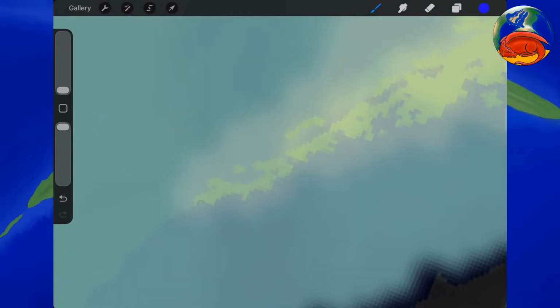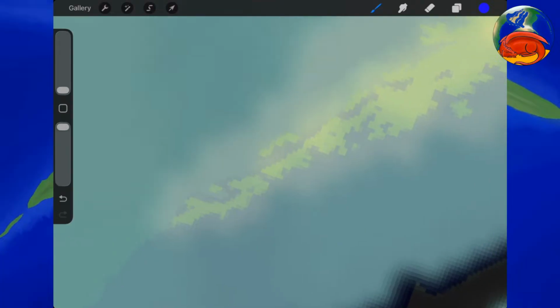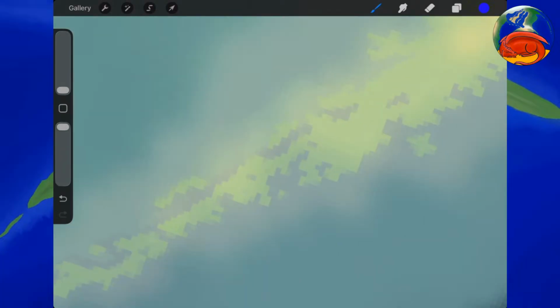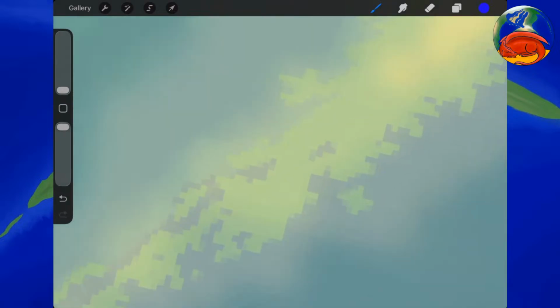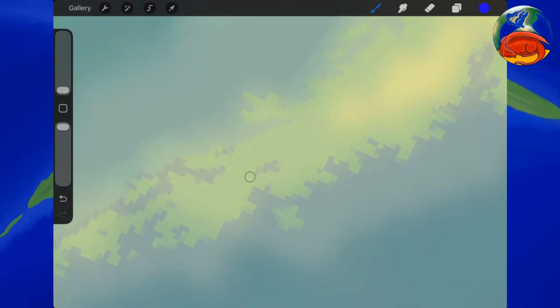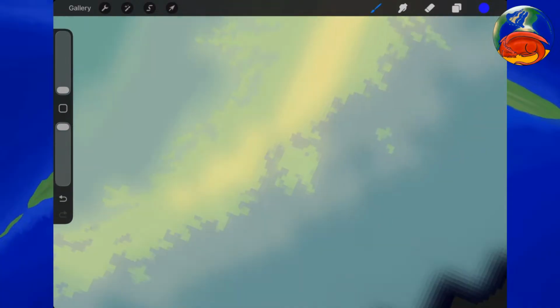All right, and we're going to just get some AF on this side as well. In places that are thicker, we're not gonna do as much. There we go.